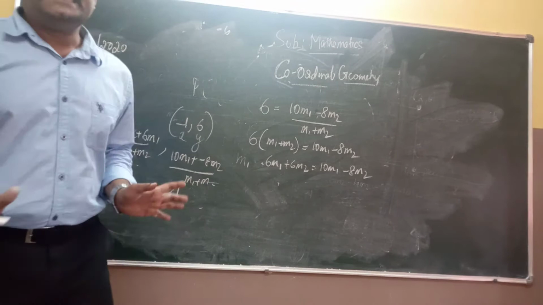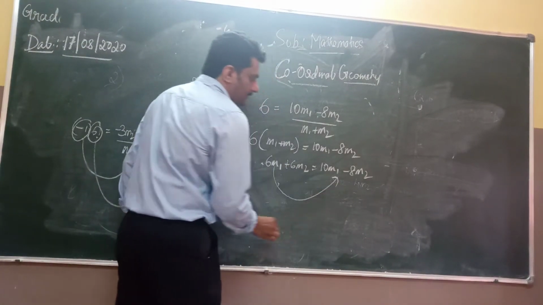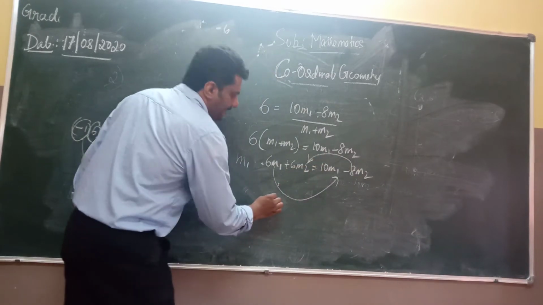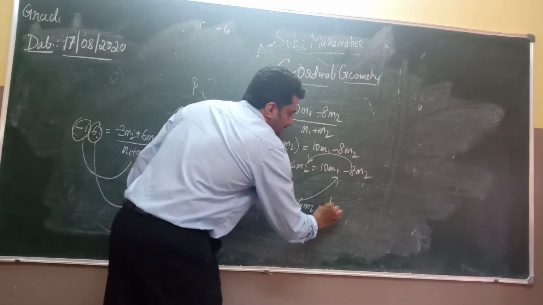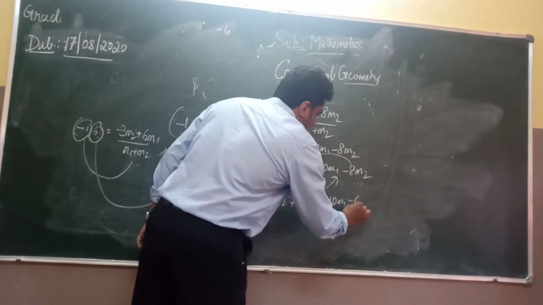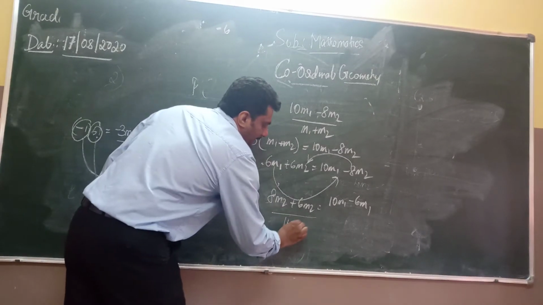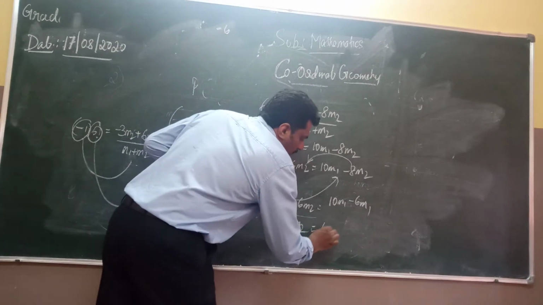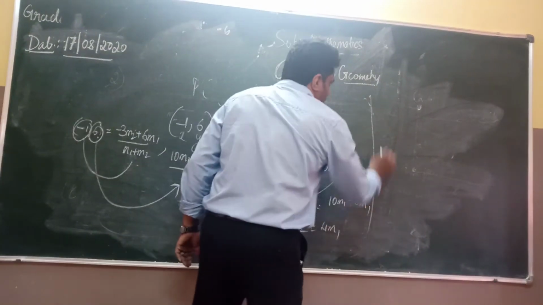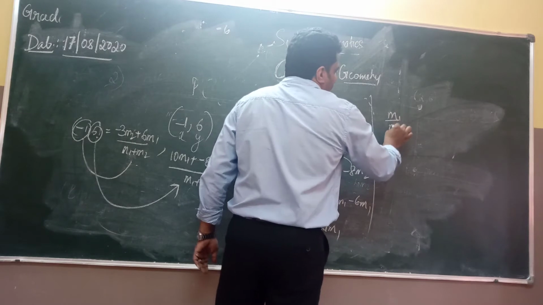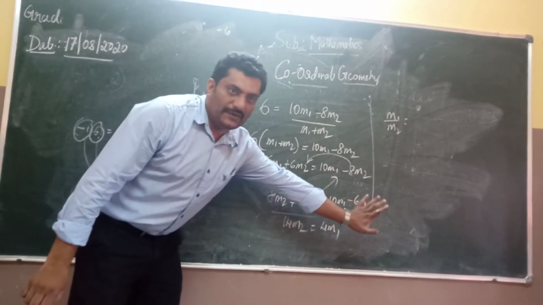Now again, m1 one side, m2 one side. Let's do one thing. Get this here, get this here. You get 8 m1 plus 6 m1 is equal to 10 m2 minus 6 m2. 8 plus 6 is 14 m1 is equal to 4 m2. Now m1 and m2 in division form. m1 by m2 is equal to, see here, m1 will be as it is on one side.